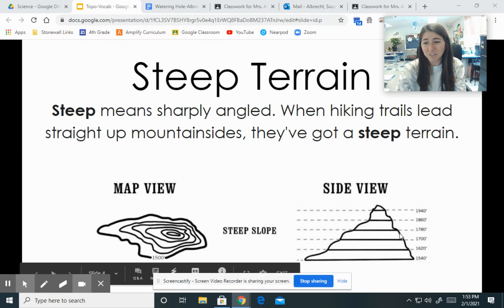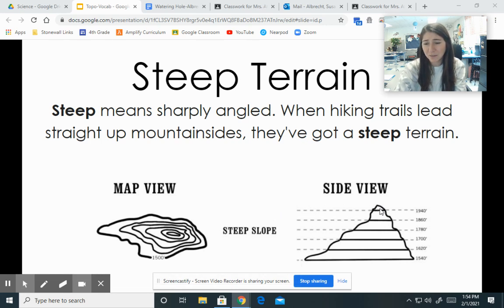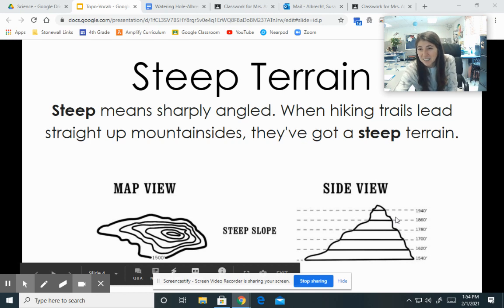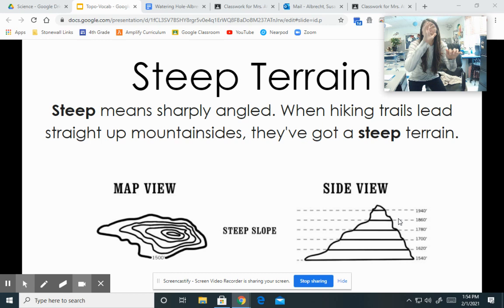And then at the side view, you can see that's a really, really steep mountainside. Over on the right side of that mountain, if you were climbing up this mountain, you would be rock climbing because it's so steep. So when the contour lines are close together, that means it is going to be very steep.